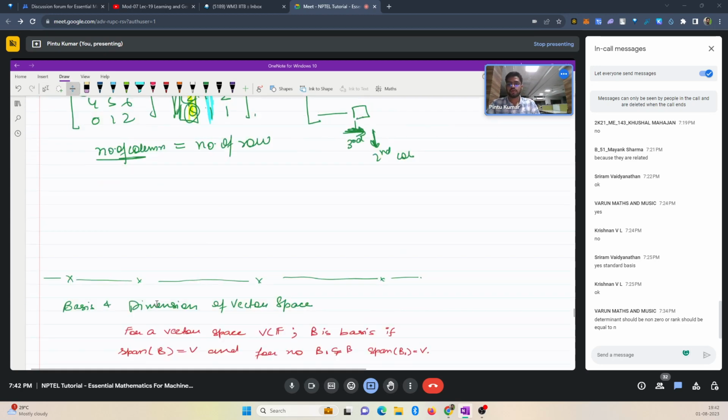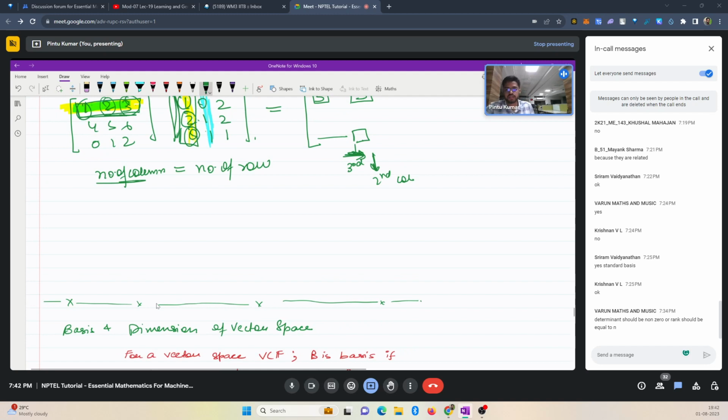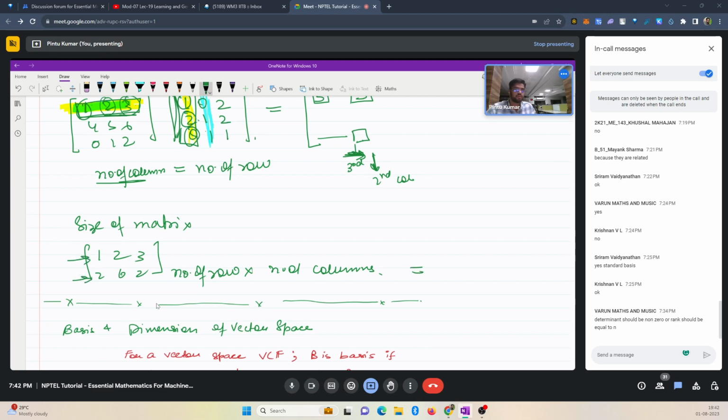So how do you write the size of a matrix? Let's say you have a matrix like 1, 2, 3, 2, 6, 2. What is the size of this matrix? Size is always written as number of rows into number of columns. So there are two rows in it. Rows are always horizontal things. So this is 2 cross 3.